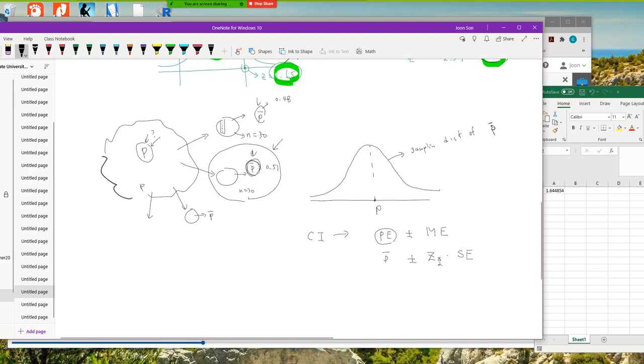So let me just expand a little bit: plus minus z alpha divided by 2, multiplied by the standard error.